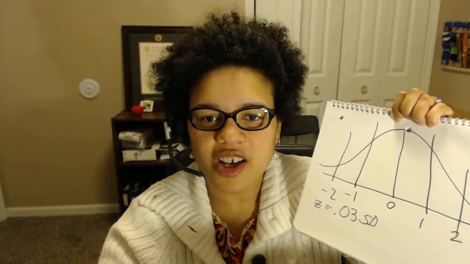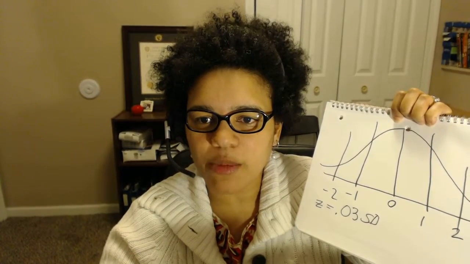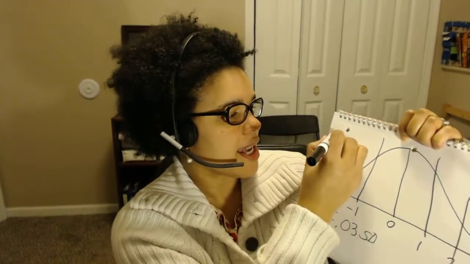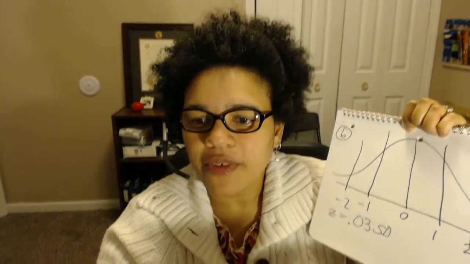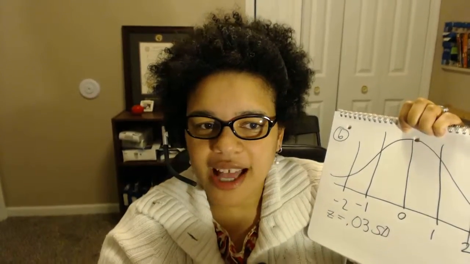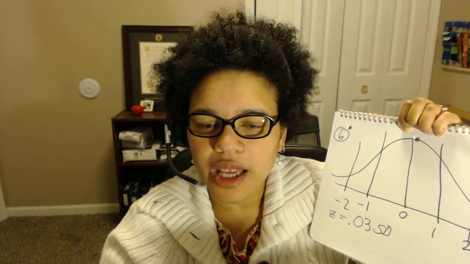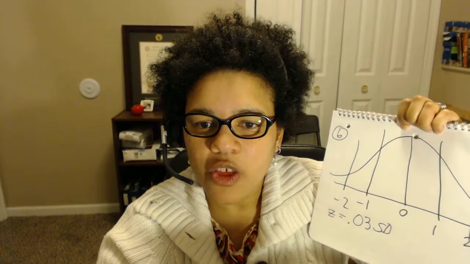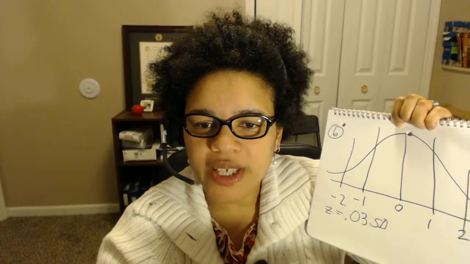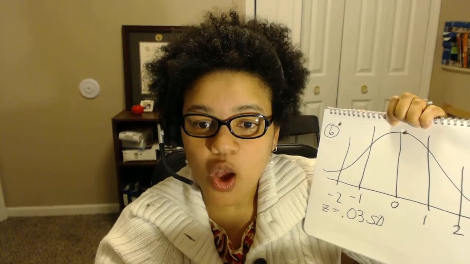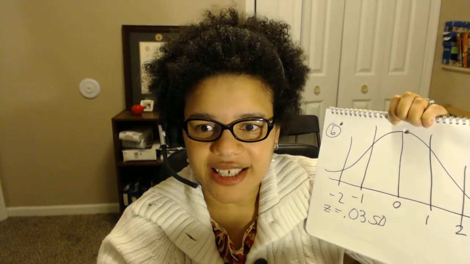Okay, so if I go back to the table on slide 5, this is slide 6 that I'm talking about. If I go back to the table on slide 5, then the person with this height is 0.03 standard deviations above the mean. What percentile is this?